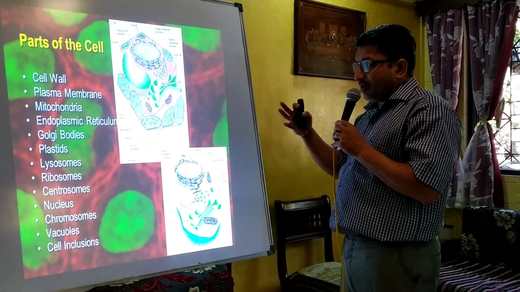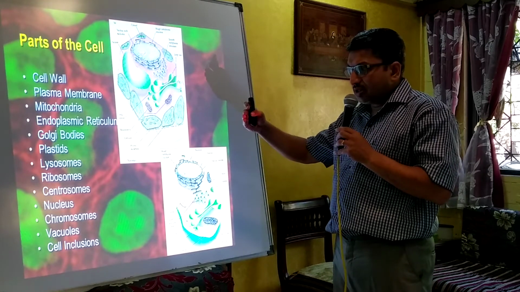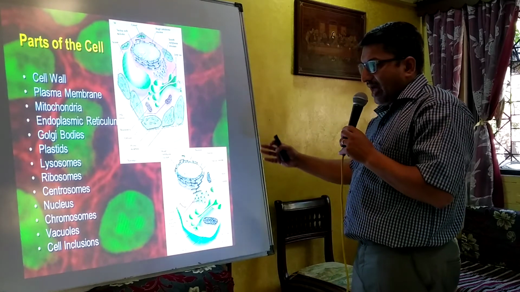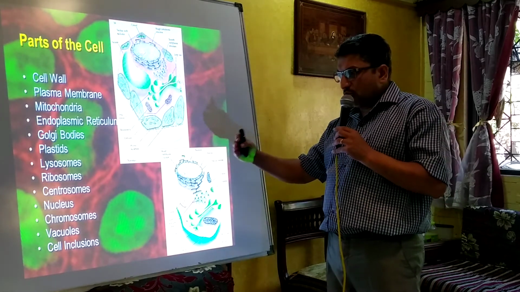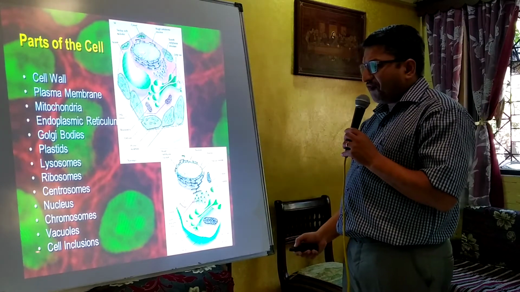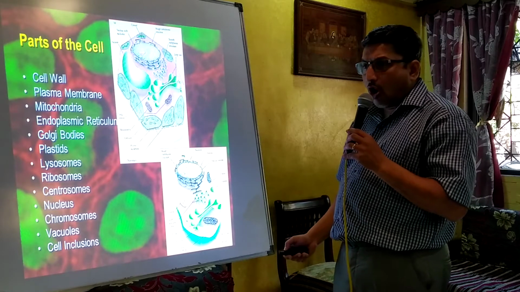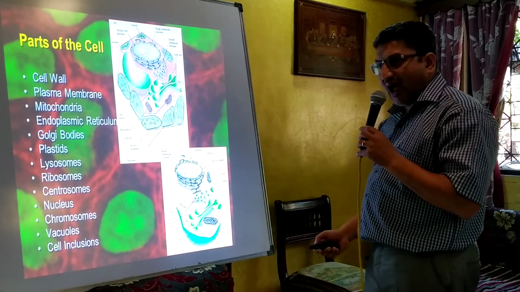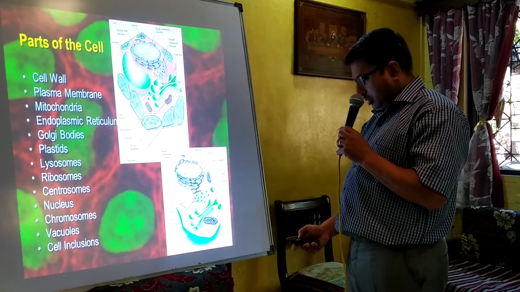The endoplasmic reticulum, the Golgi bodies, plastids, lysosome, which is in the animal cell, ribosomes, centrosomes, nucleus, chromosomes, vacuoles, and all the different things that are present in the cell, like vitamins, oil, minerals, fat globules. These are known as cell inclusions.